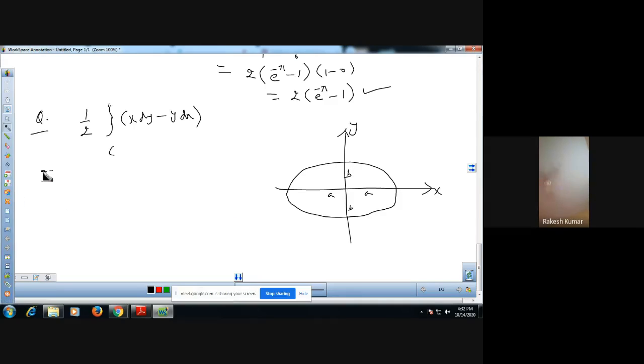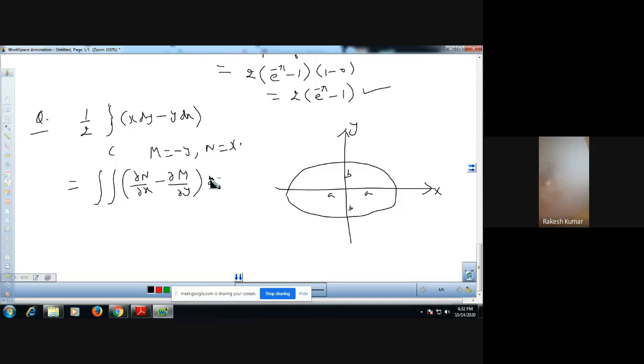We know what we should have. If we compare it with the left-hand side, M comes out to be −y and N comes out to be x. So by the help of Green's theorem, this should be equal to the double integral over R of (∂N/∂x − ∂M/∂y) dx dy.